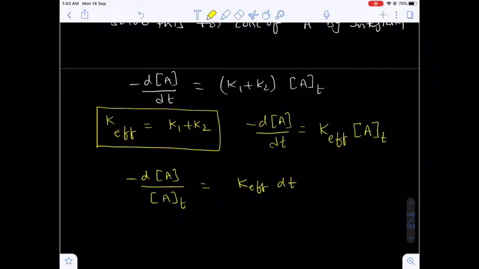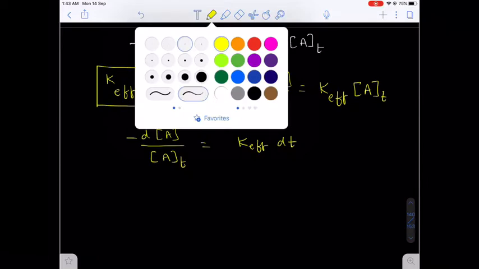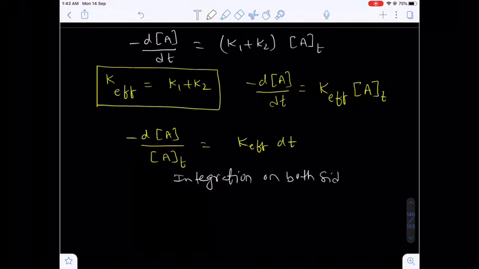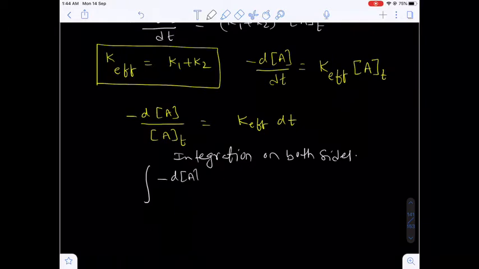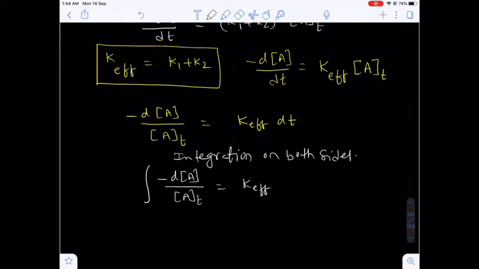Are you getting my point? Now integrating on both sides. On the left hand side, integral of minus dA upon the concentration of A at a time interval t. K effective is nothing but K1 plus K2, which is a constant, so bringing the constant outside, integral dt.